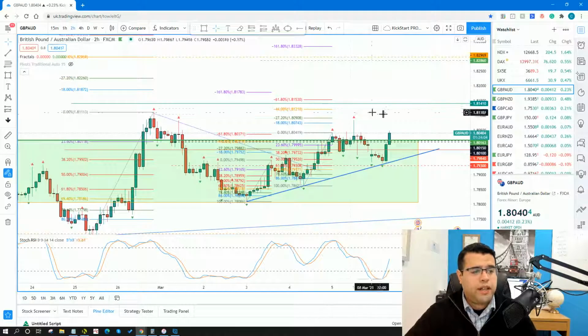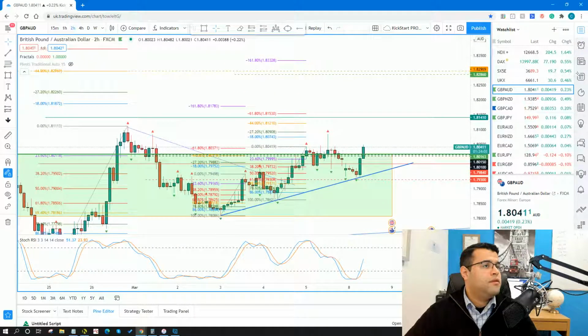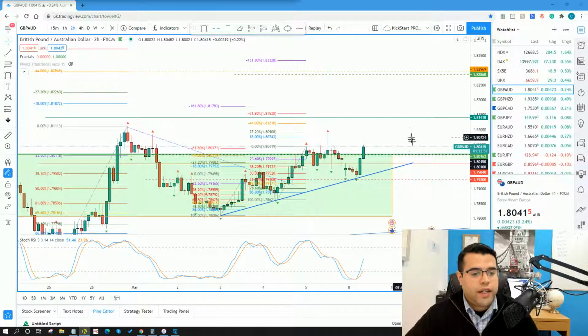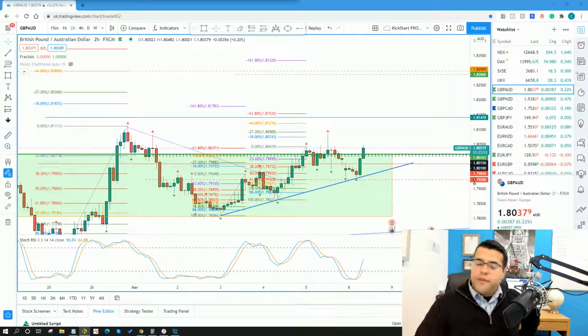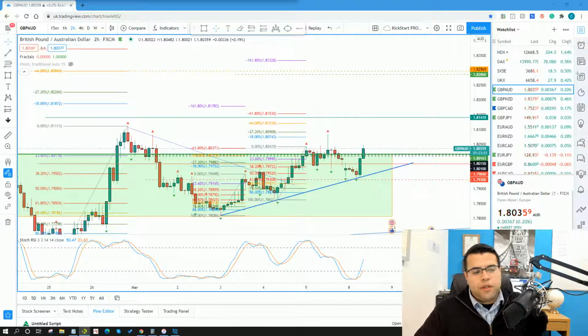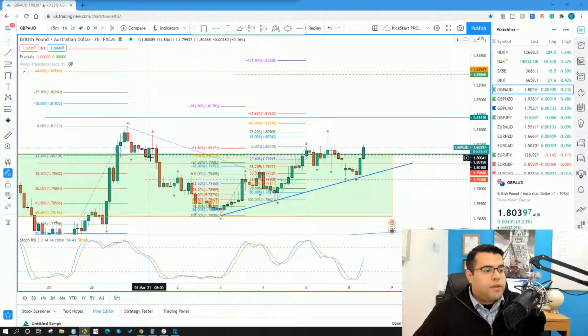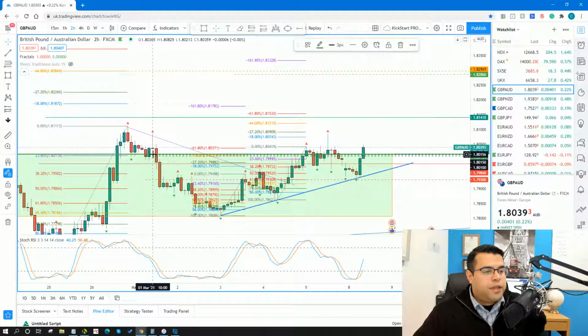I've not denoted this yet, but I'm actively in on pound Aussie. I wanted to get in at 180.15. I was a little bit late to the party, so I couldn't quite get in at 180.15. Instead, I got in at 180.22.